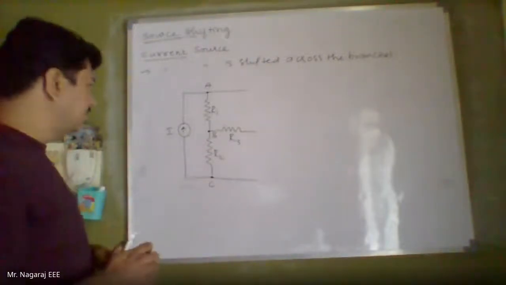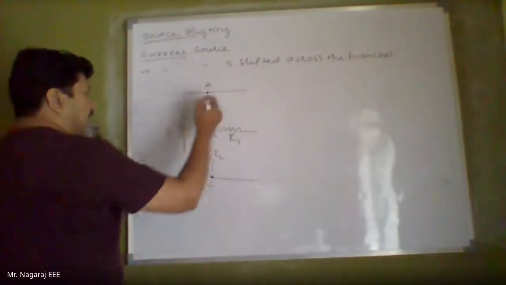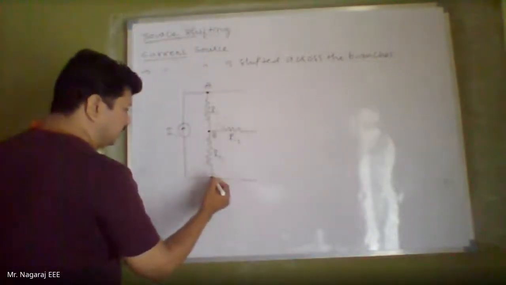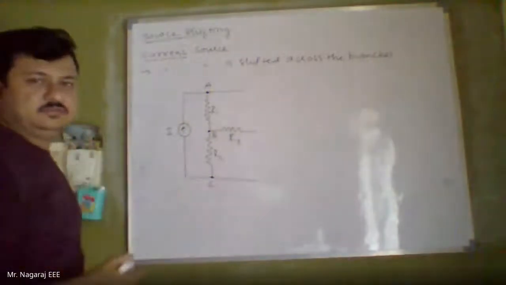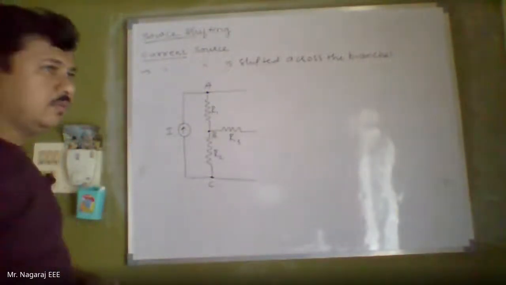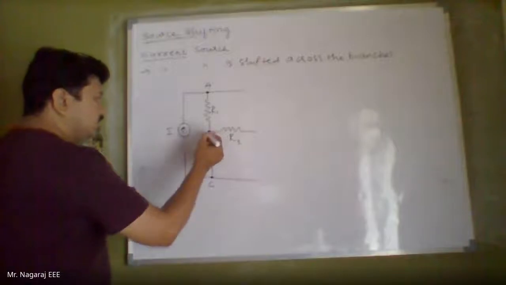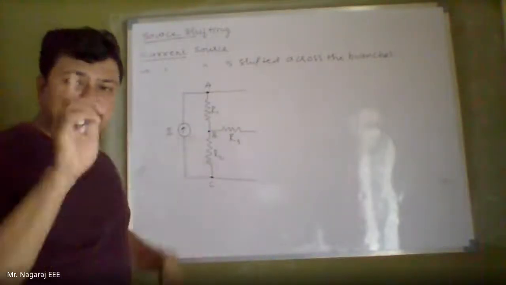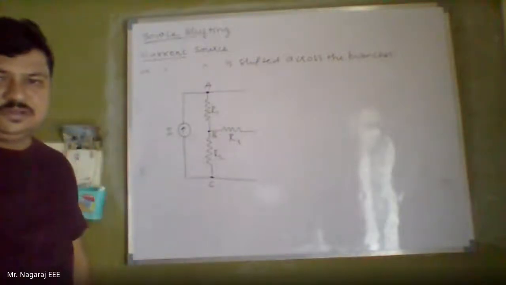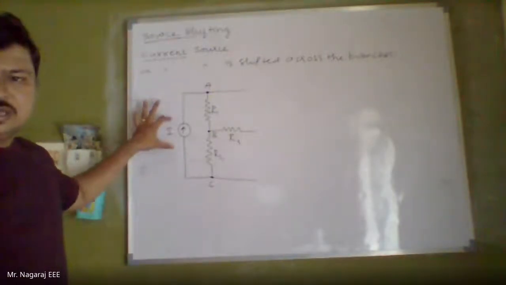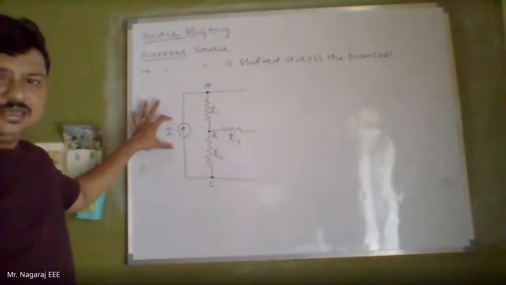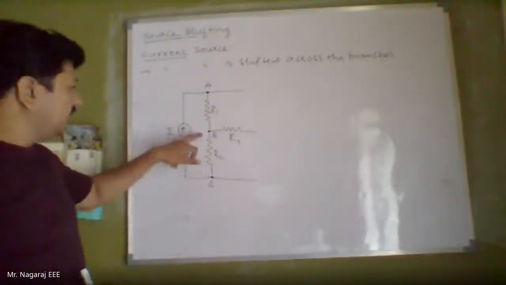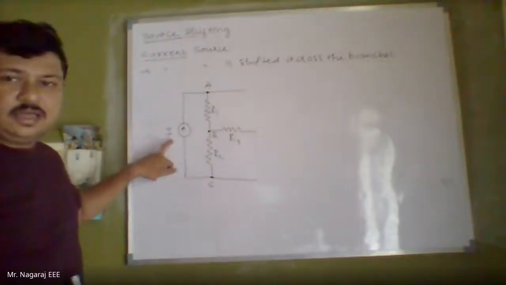If you observe, at node A the current I is entering, and at node C the current I is leaving. But what about at node B? The contribution of the source current I at node B is 0.